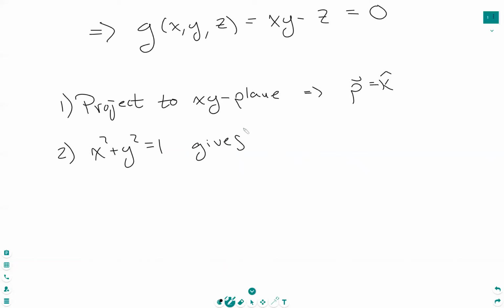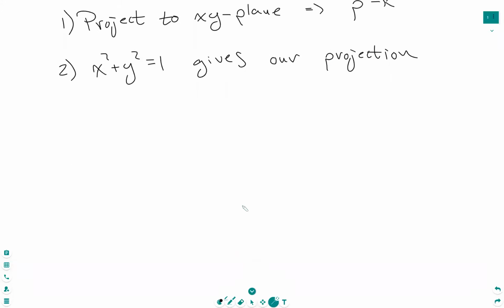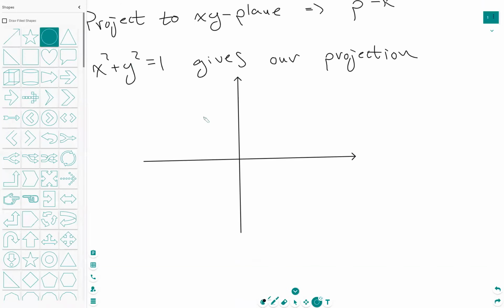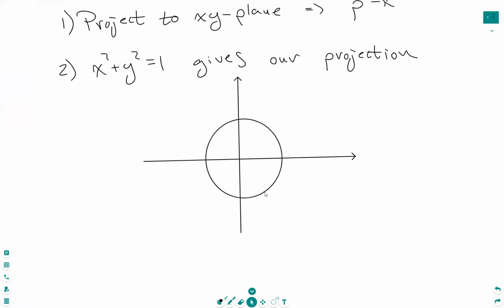And this is another good reason why we chose to project to the xy plane, because our bounds are specifically in x and y. So this is just the unit circle, and this gives us the projection of just some circle of radius 1 here, centered at the origin.